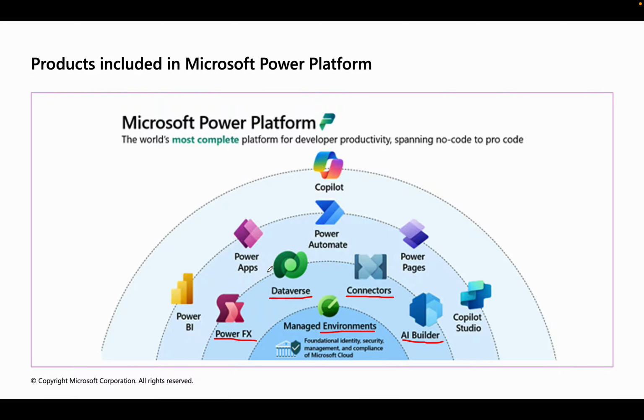The first one is Power Apps. What is Power Apps? Which is a tool to make apps. Okay, the apps could be run on the web browser or on your mobile devices.